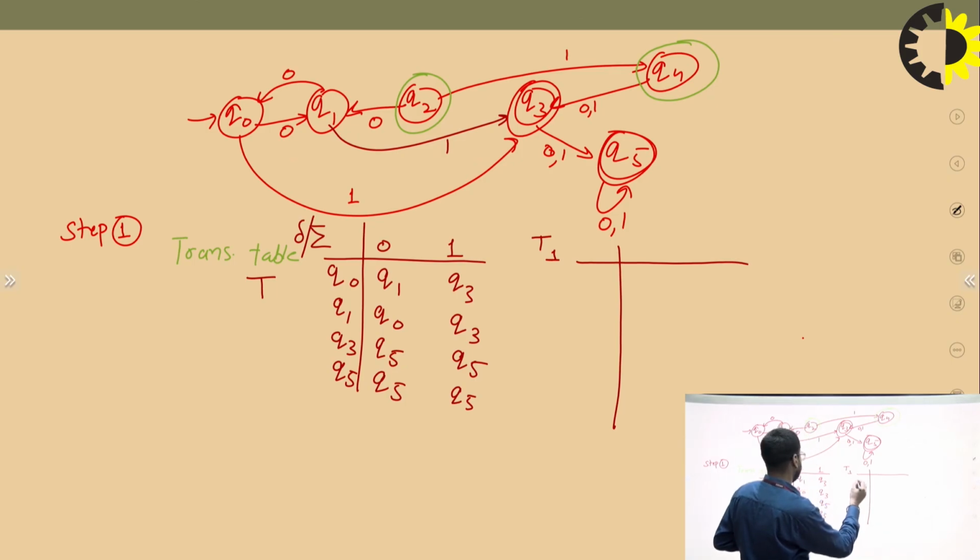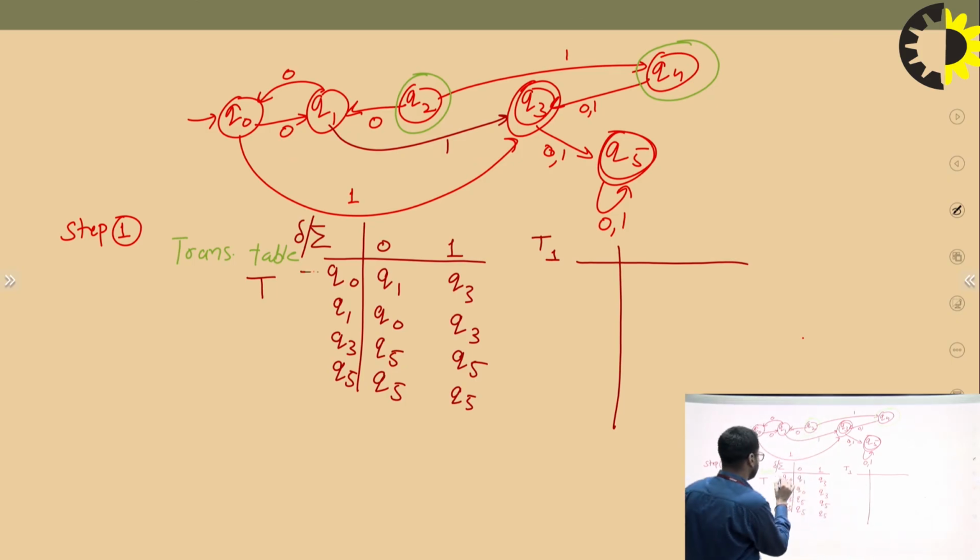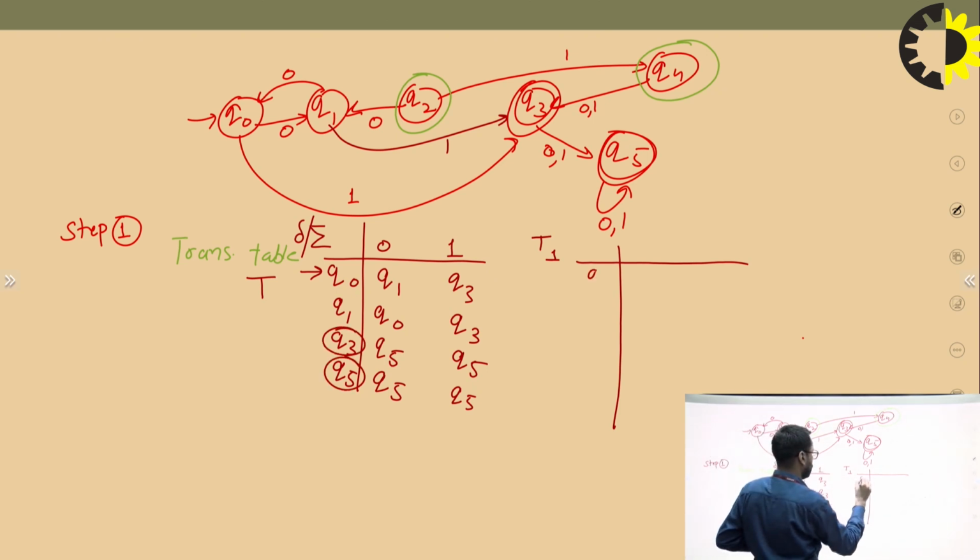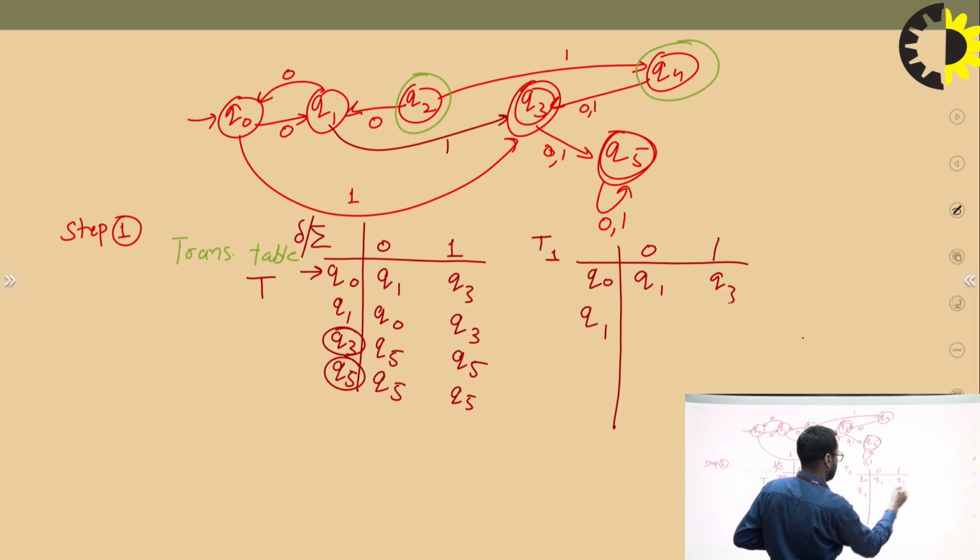For the T1 case, the initial state is Q0, and Q3 and Q5 are the final states. So the rows are Q0 and Q1, with symbols 0 and 1: Q1, Q3, Q0 and Q3.